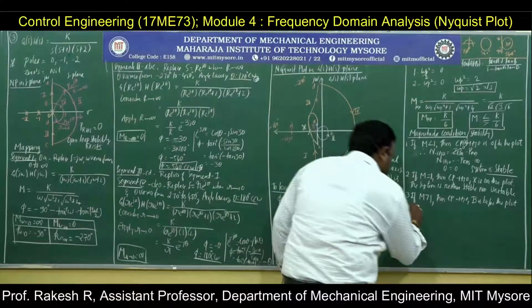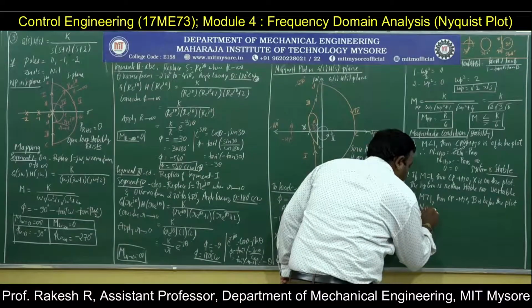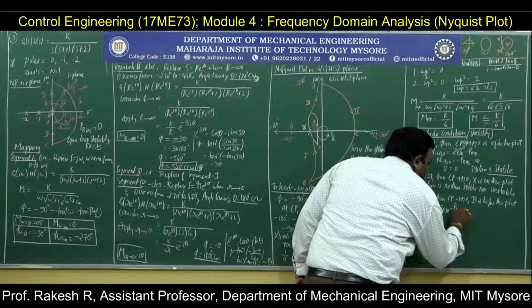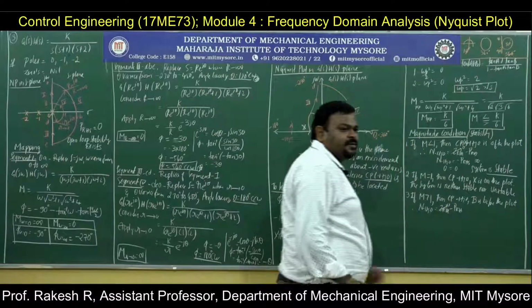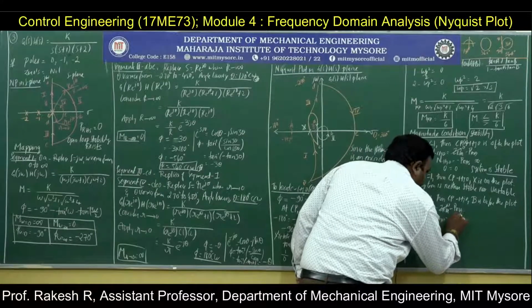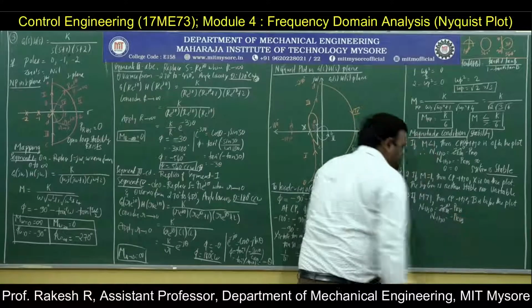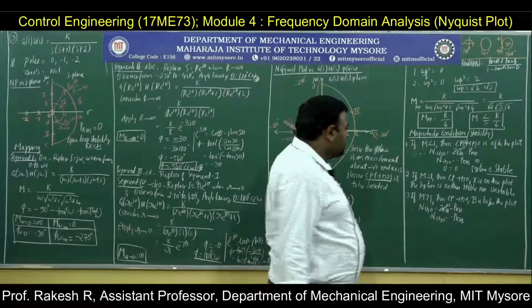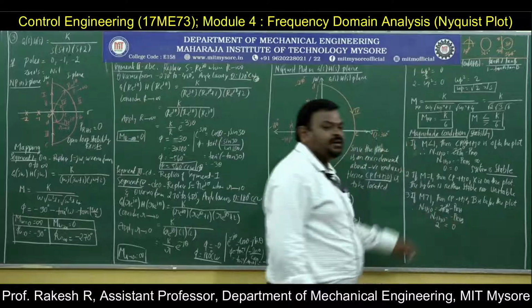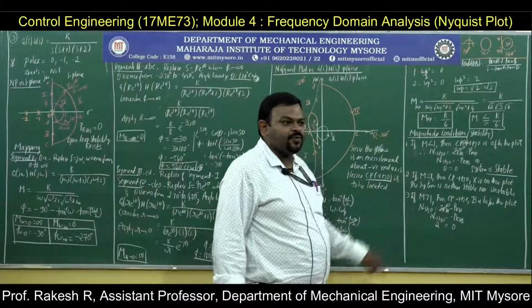That means, therefore, N minus 1 plus j0 is equal to Z RHS minus P RHS. Z RHS will be 0. N minus 1 plus j0 is equal to minus P RHS. P RHS value is 0, that you know. What is N minus 1 plus j0? It is 2.